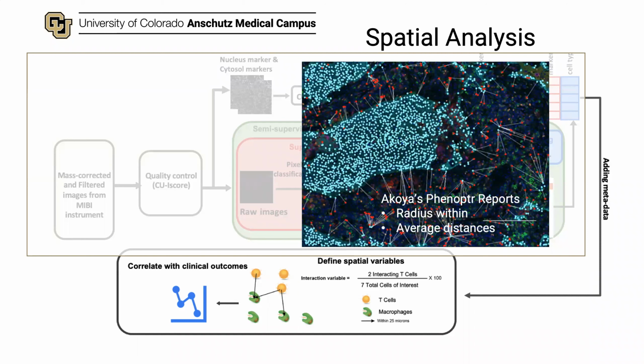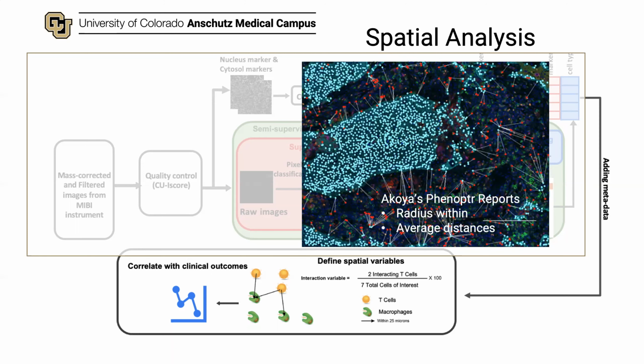It can calculate an average distance between particular phenotypes, for example, or you can do a rough radius and say, for example, within every T cell, how many tumor cells or macrophages are within 10 micron or 20 micron or whatever. So it's a rough analysis that can give you an idea of whether it would be worthwhile to pursue a more in-depth spatial analysis.